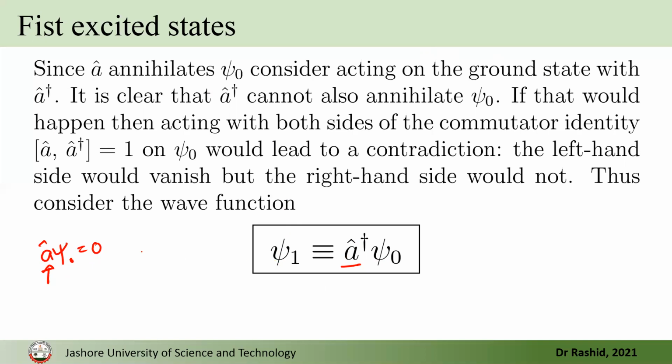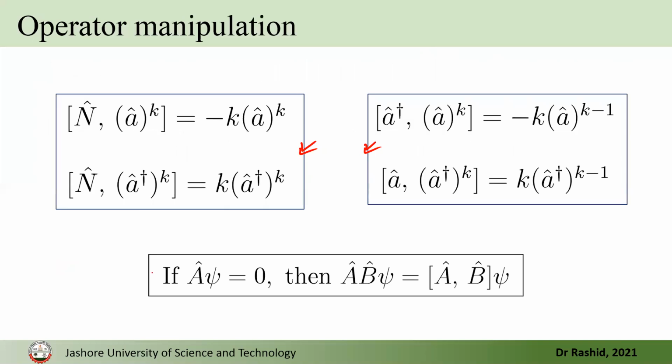Because we already have seen this equation, and we know that A hat A hat dagger minus A hat dagger A hat is equal to 1. So when this operates on psi, it gives us psi, but this is 1.